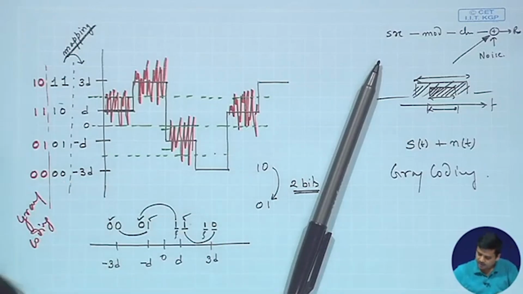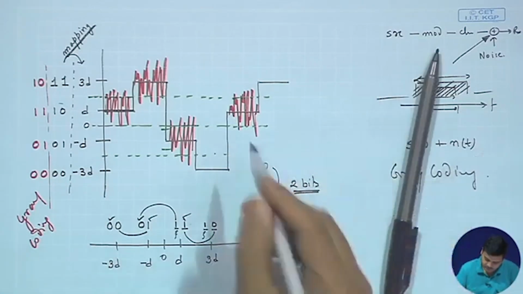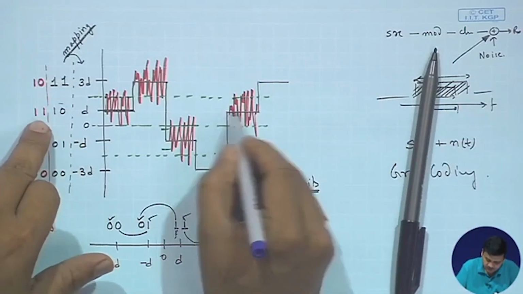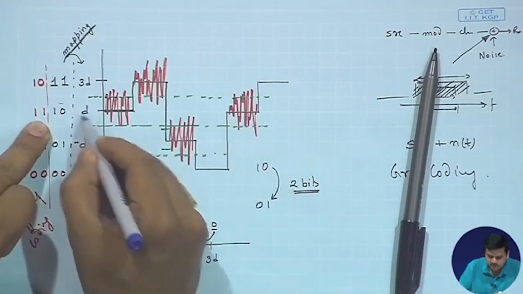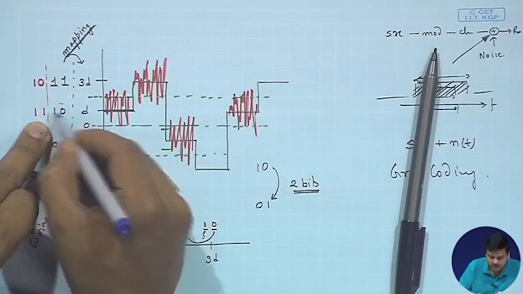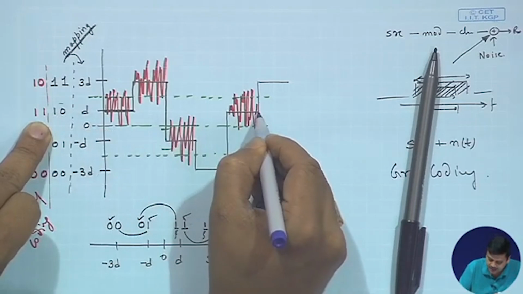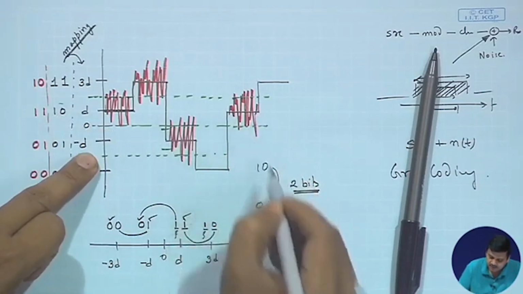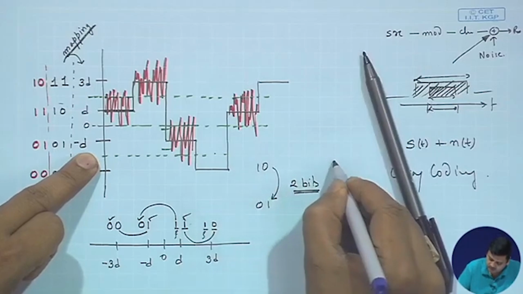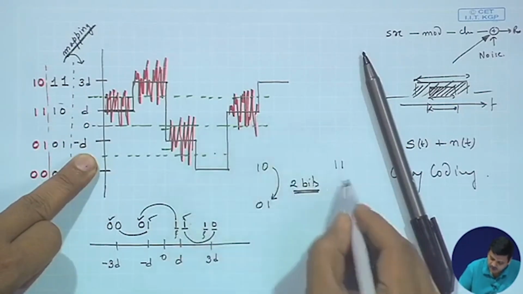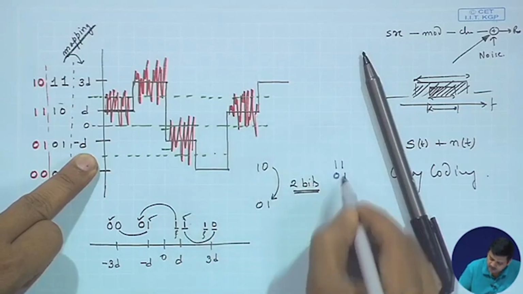what we are going to get is that if you are making a mistake here, we take the same example, you have a 1 0 that was sent as D. So, look at this, we are just simply changing the mapping. So, suppose I had sent a D and I detect it as minus D as we took in this example. So, we would have a 1 1, that is 1 1 over here being detected as 0 1.